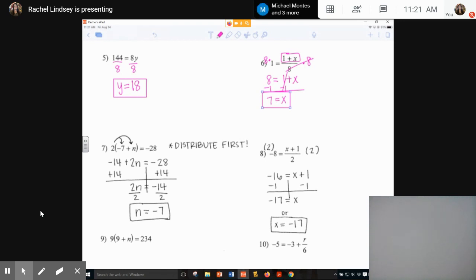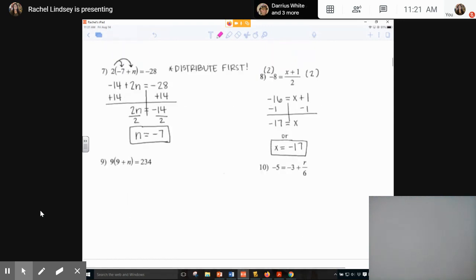Since it's just the binomial being multiplied by a number, and there's nothing added outside the parentheses, you could go ahead and divide the 2 to both sides, but it won't always work like that. So there's not an example on this page, but like one that has like a plus 7 out back here. You wouldn't want to divide that 2 off first, because then you'd have to divide the 7 by the 2 and that by 2. So that's why I suggest you distribute first before you do anything.